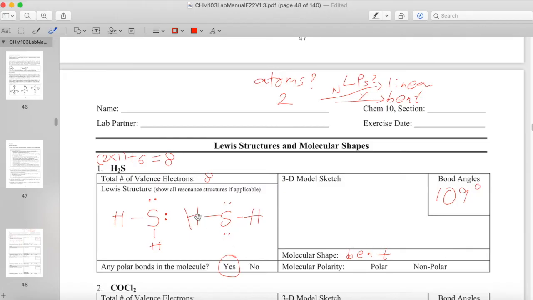You might be tempted to look at this and say, hey, the hydrogen, the sulfur, and the hydrogen are all in a straight line. That's linear, right? No, because what you don't realize is that these two lone pairs are pushing these two hydrogens closer to each other, towards you. In the lecture video attached to this chapter, I do use balloons to explain this.